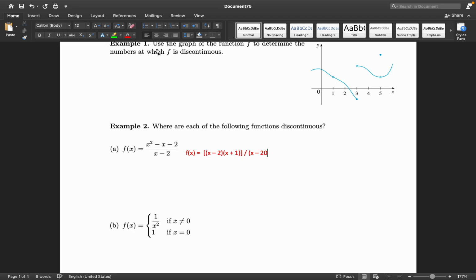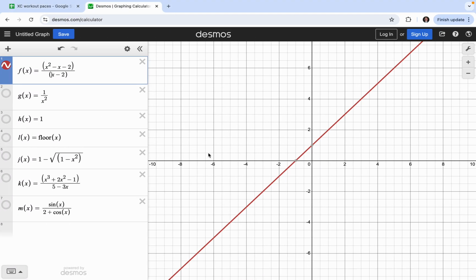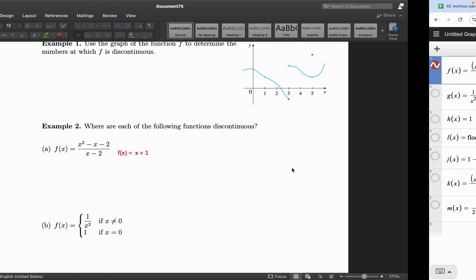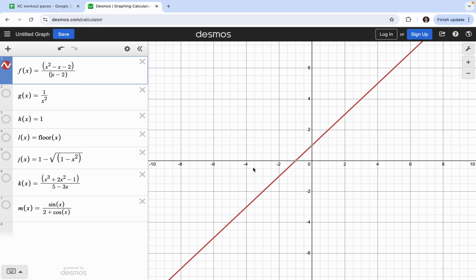And I know that when I simplify this, I can simplify this and this. And if I'm trying to calculate the limit of f of x as x approaches some value, it's going to be this, right? And if I were to graph that, it looks like the graph of y equals x plus 1, because it is essentially that.